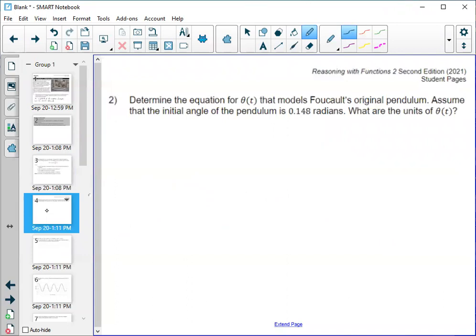2. Determine the equation for theta of t that models Foucault's original pendulum. Assume that the initial angle of the pendulum is 0.148 radians. What are the units of theta of t? Well, if we think about this, we have theta sub 0 equal to 0.148. And then L is 67, and that was meters.